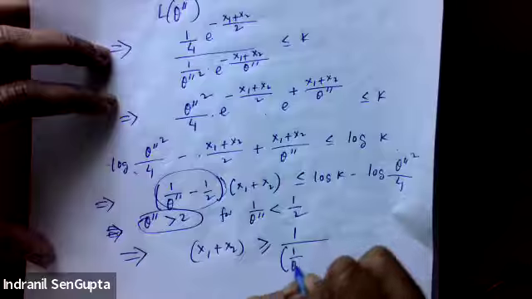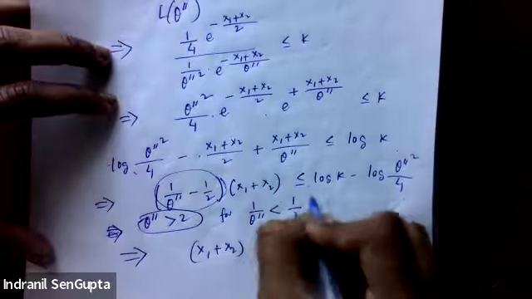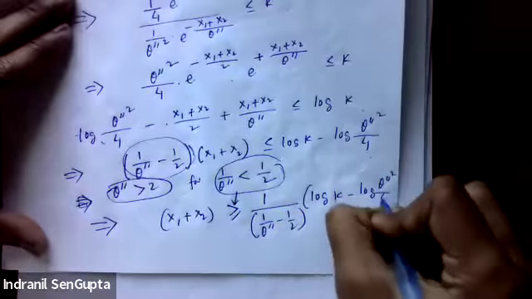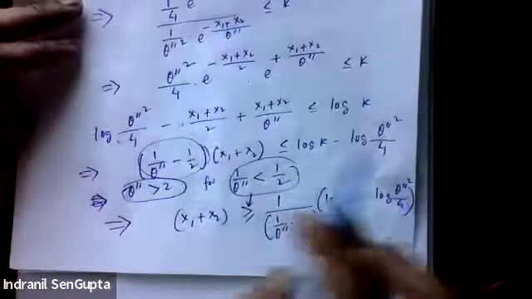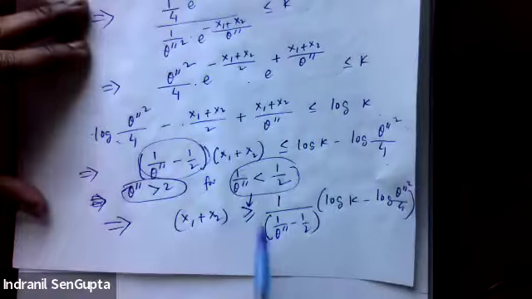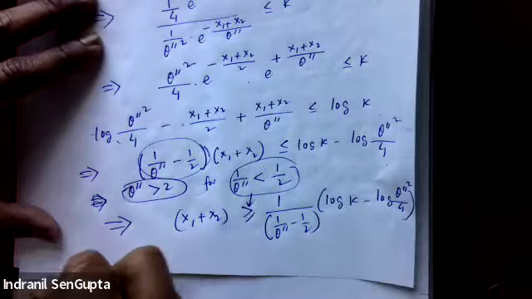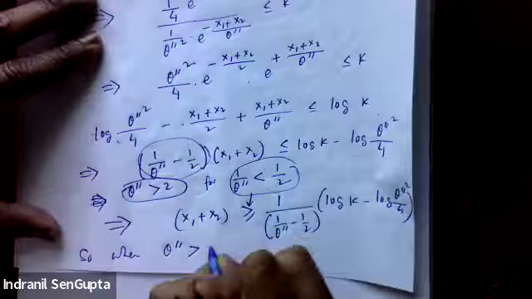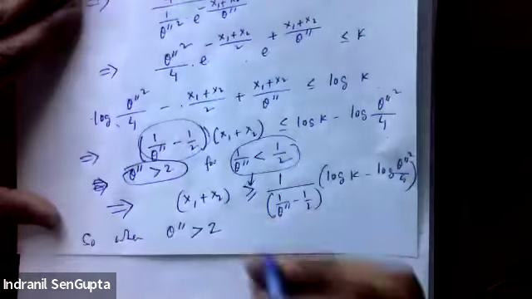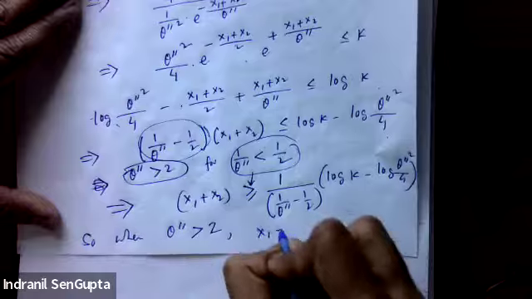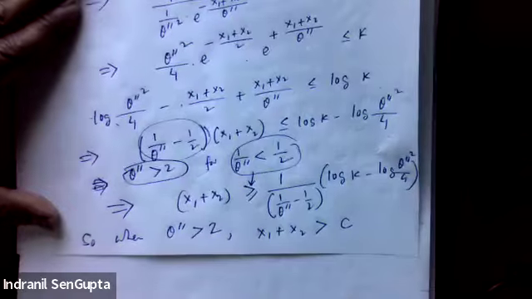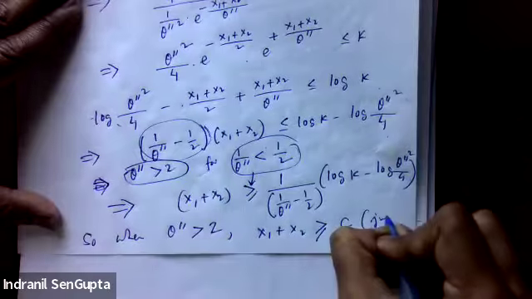That's why this inequality is changed: x1 plus x2 is bigger than the quantity (log of K minus log of theta double prime squared over 4) over (1 over theta double prime minus 1/2). Now you can take this theta double prime as 6 for the first example, and you get the exact same. So when theta double prime is bigger than 2, x1 plus x2 is of the form bigger than C, just like before.